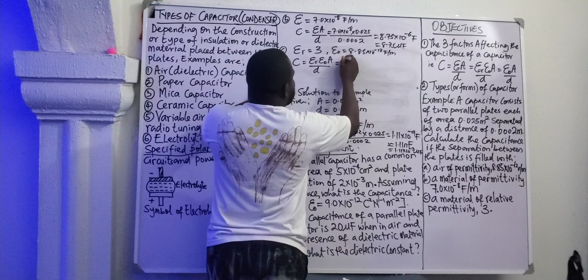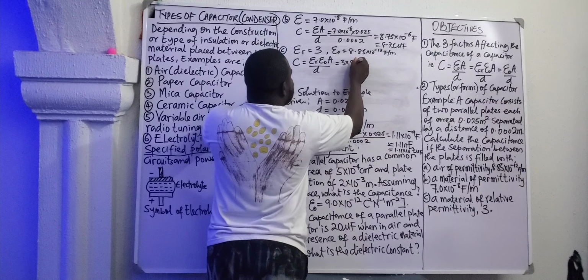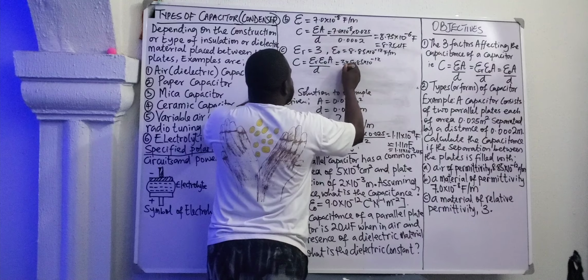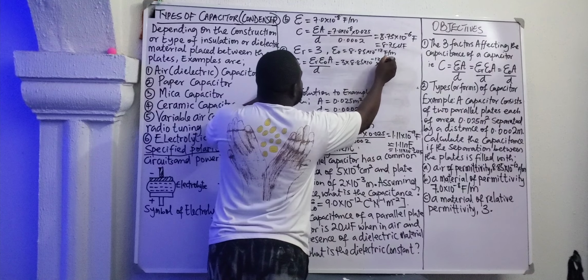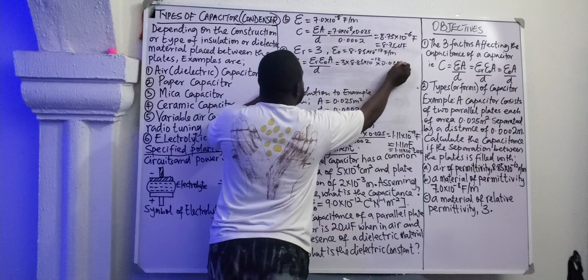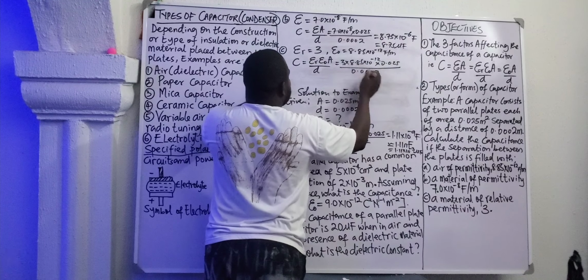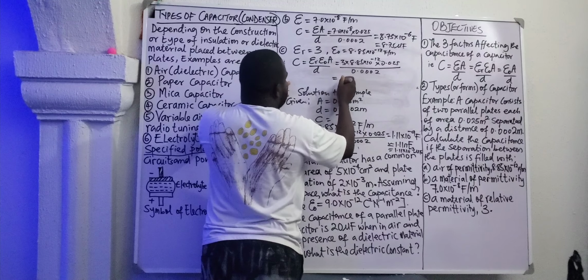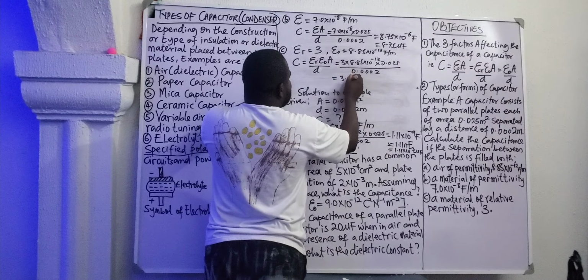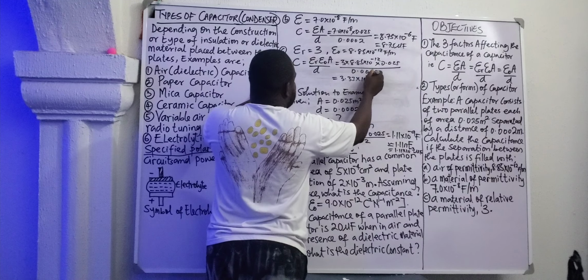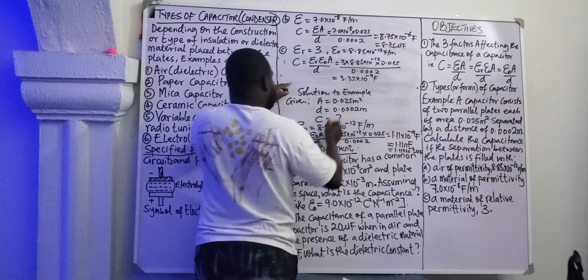Okay, I substitute now. I will have 3 times 8.85 times 10 raised to the power of minus 12 times the area, which is 0.025, divided by 0.0002. If you multiply and divide, you will have 3.33 times 10 raised to the power of minus 9 farad.